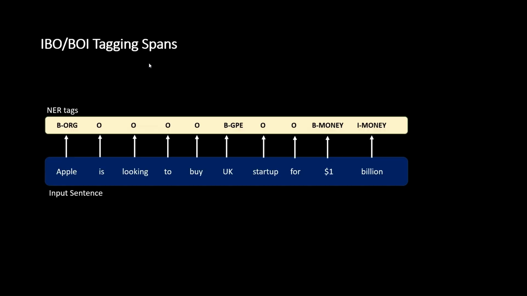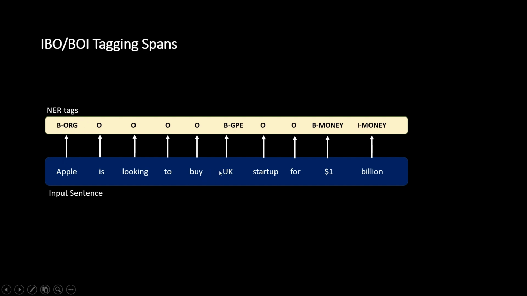Let's have a look at an example. If you look at this example, Apple is the first and the only token of an organization, so it's been assigned the B-ORG tag.